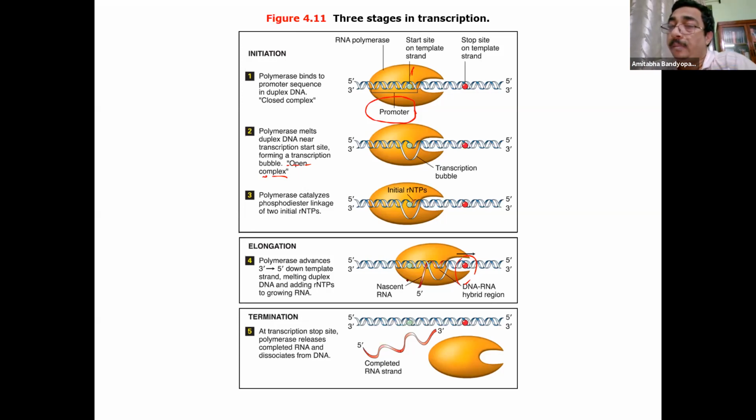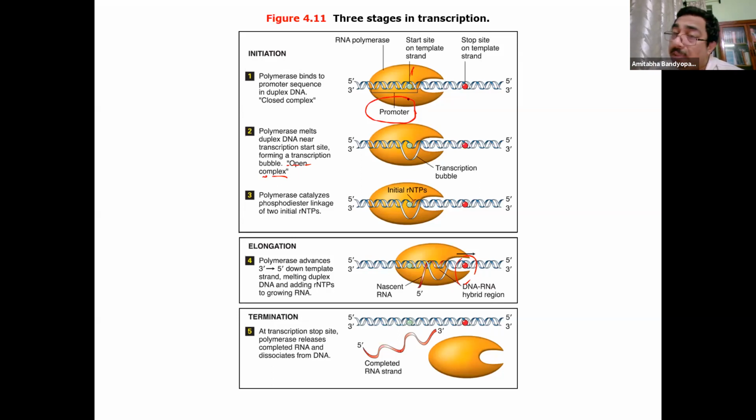Okay, but you think of your skin and your bone. Do you think all the mRNAs that are made in the skin are also made in the bone? The answer is obviously no. But this DNA sequence, the promoter sequence, is there. Every cell in your body has the same genome. Therefore, the promoter sequence is there everywhere.